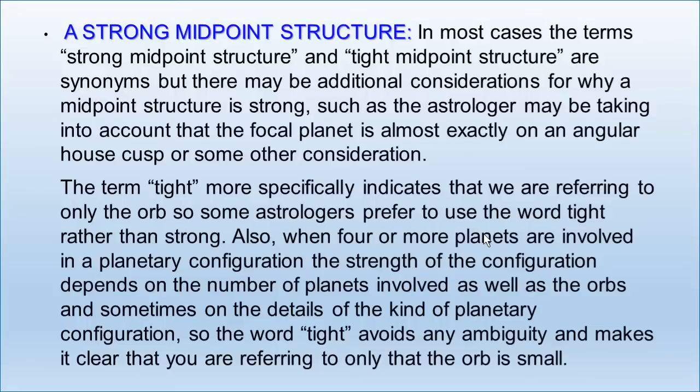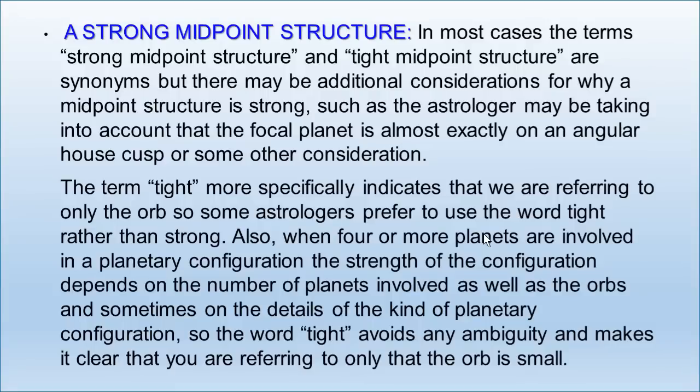However, there could be additional reasons why that Sun square Mars is strong. What if one of the planets is right on an angular house cusp? So you have the Sun right on the 7th house cusp, like right on, very, very tight.